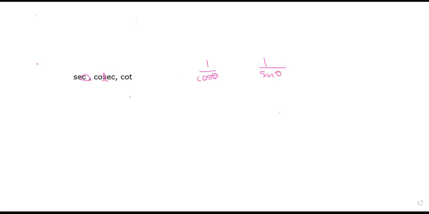And cot means 1 over tan theta. So these are the three advanced level graphs. You need to know the sec graph, cosec graph, and cot graph.